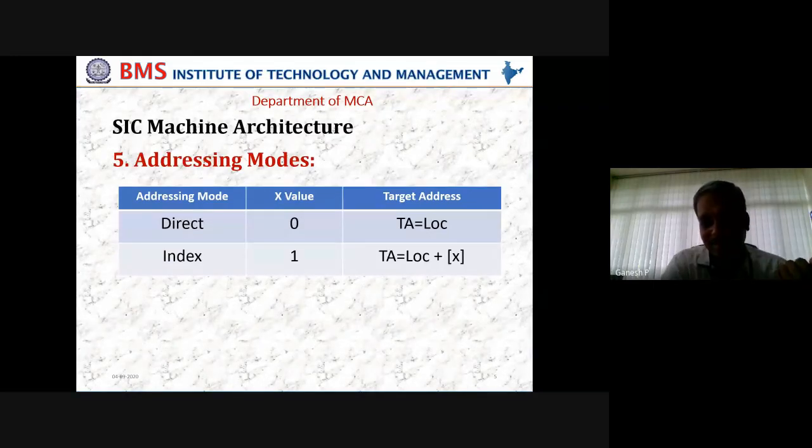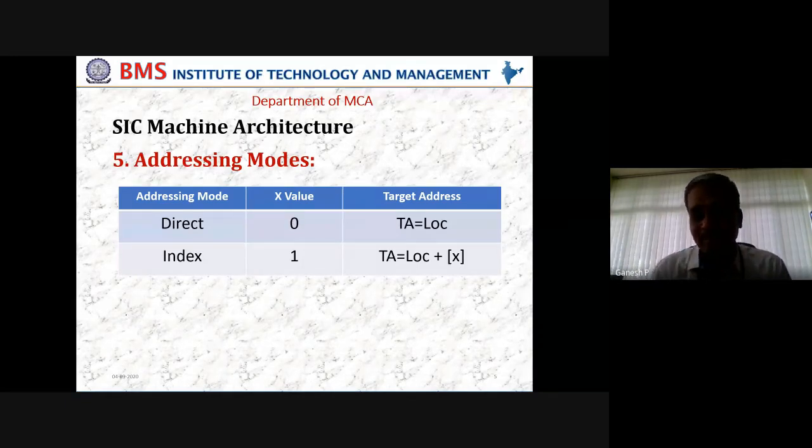If you look at the target address for index addressing, TA is equal to LOC, where LOC is kept as a constant. That is nothing but your base address plus the contents of X. Something kept in square brackets is considered as the content of that. What is X here? X is a register. What I want to know is the content of X. That value I am going to consider and add to the base address.